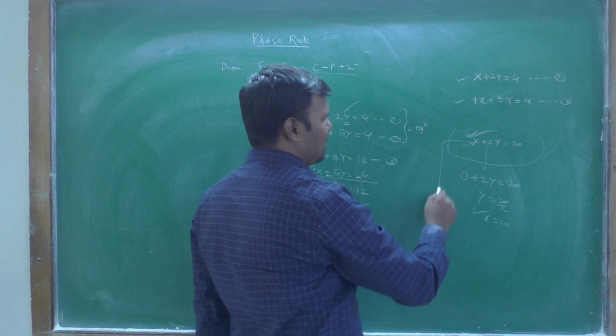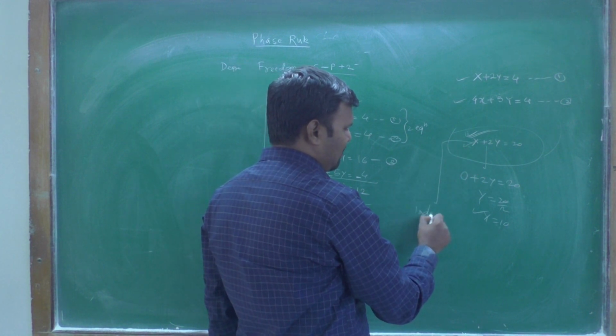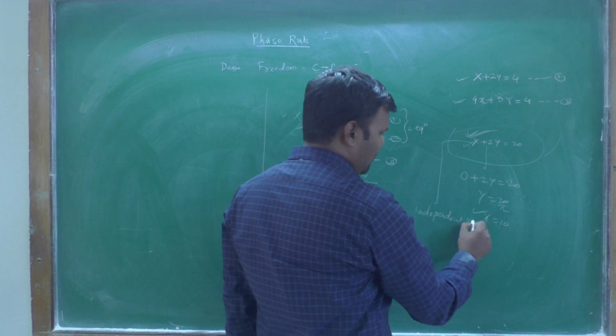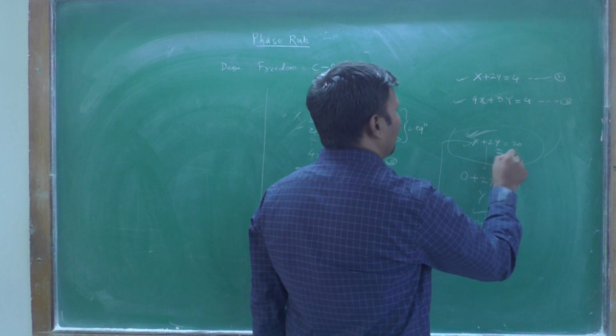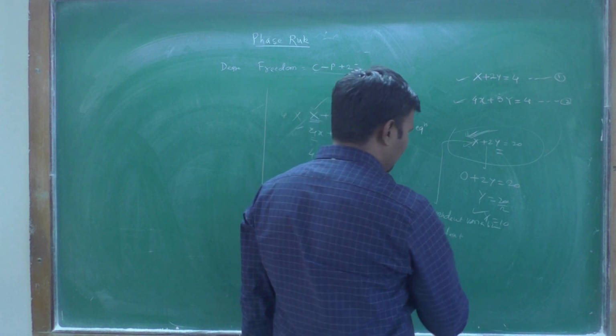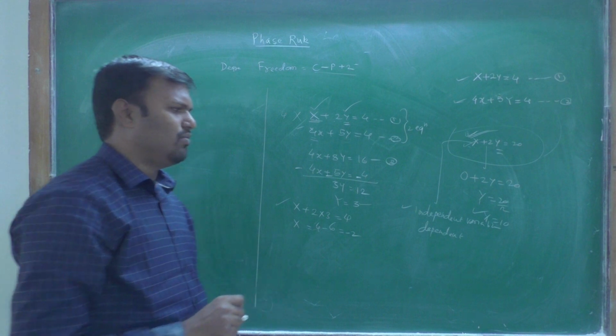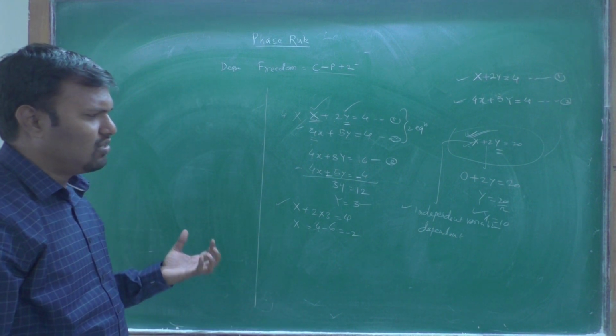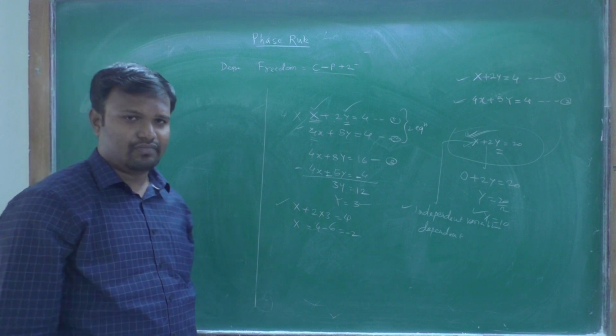Therefore x is our independent variable, and we can use any value of x. And y is a dependent variable, which depends upon the value of x you have taken.